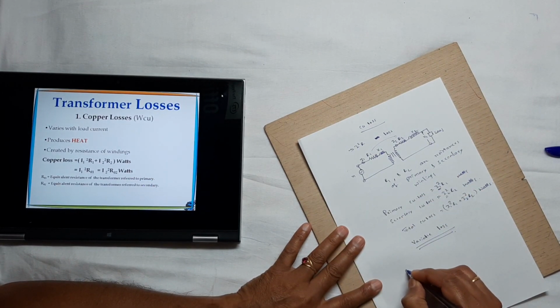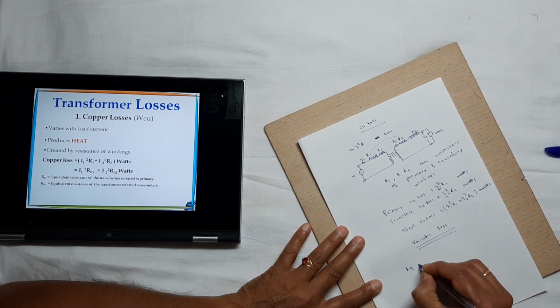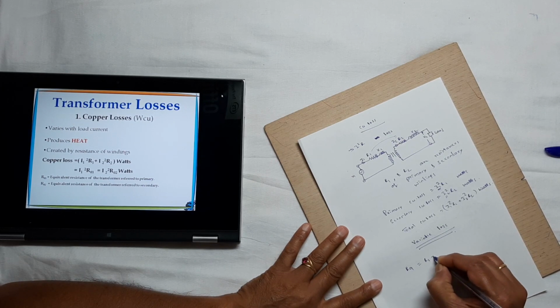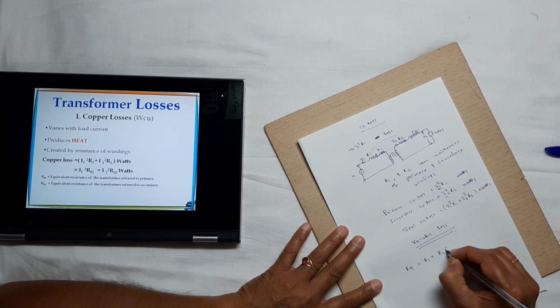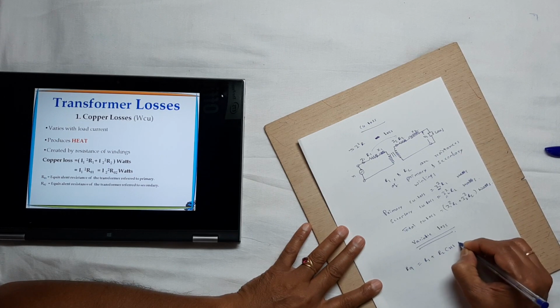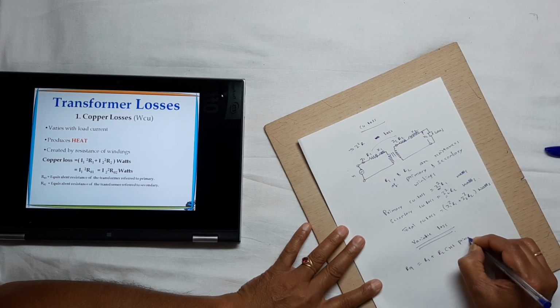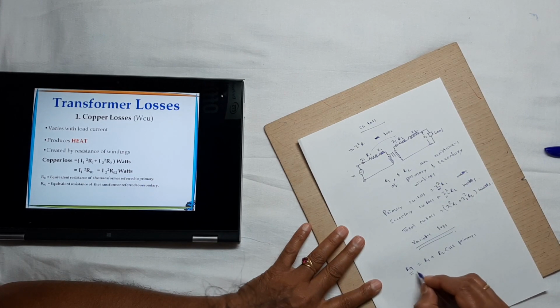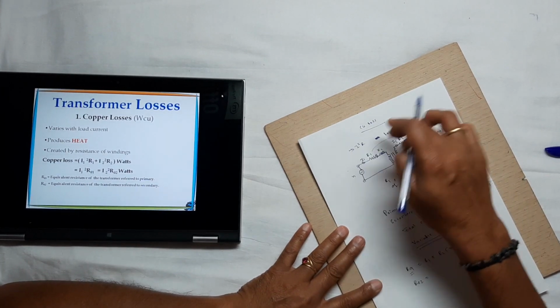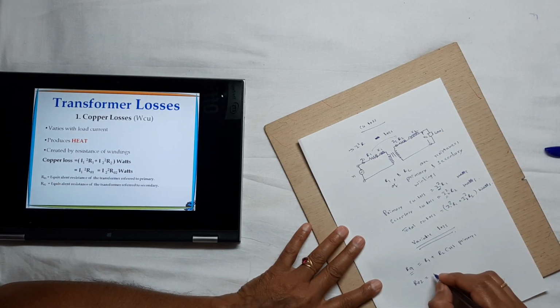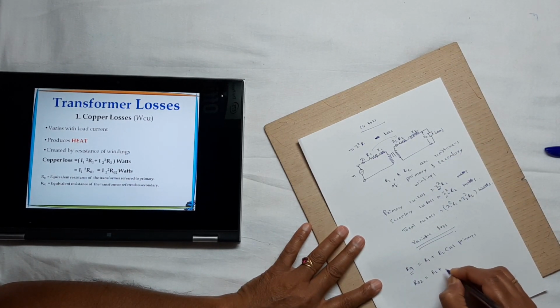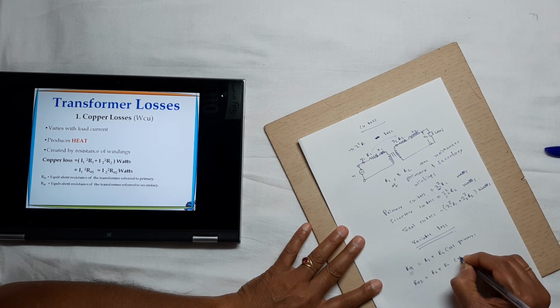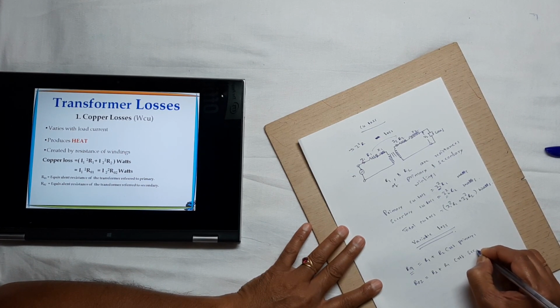That is, RO1 is the sum of R1 plus R2 referred to primary. Primary means the total resistance is transferred to the primary. That is what we call RO1. Similarly, if we transfer this resistance to the secondary side, it is R2 plus R1 referred to the secondary.